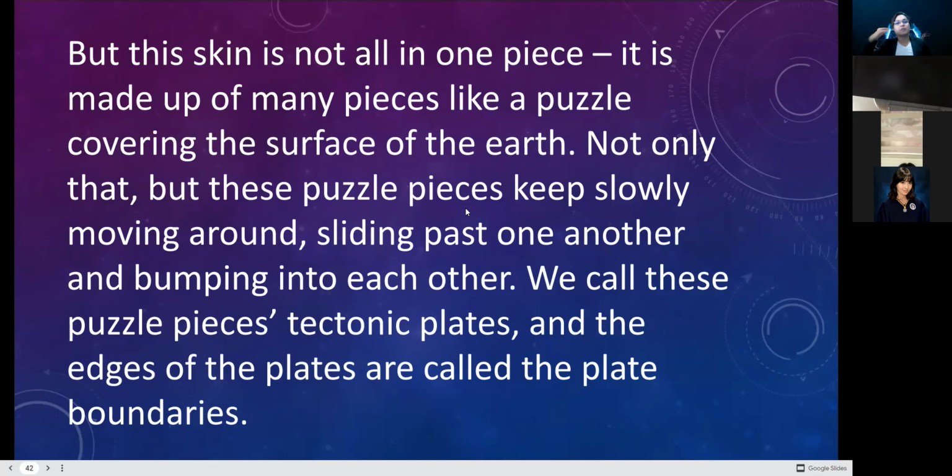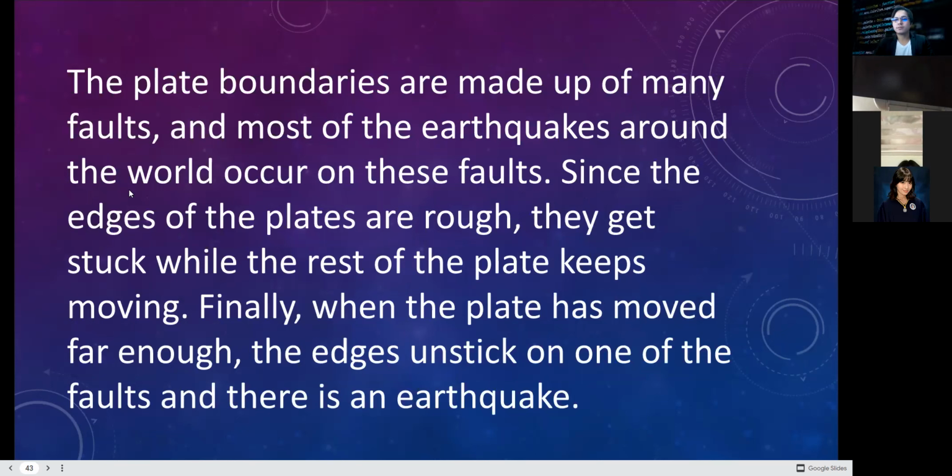So we are actually located on different tectonic plates, right? And the edges of plates are called the plate boundaries. Hence we have plate tectonic theory and the plate boundary theory. Plate boundaries are made up of many faults, and most earthquakes around the world occur in these faults.